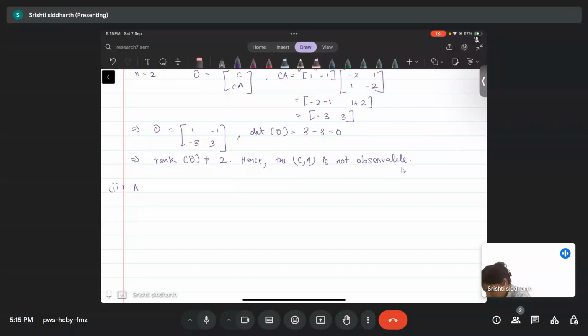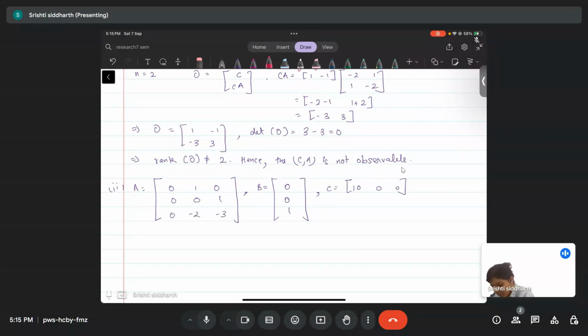We now have a third order system defined by these matrices, with the last row of A being 0, minus 2, minus 3.